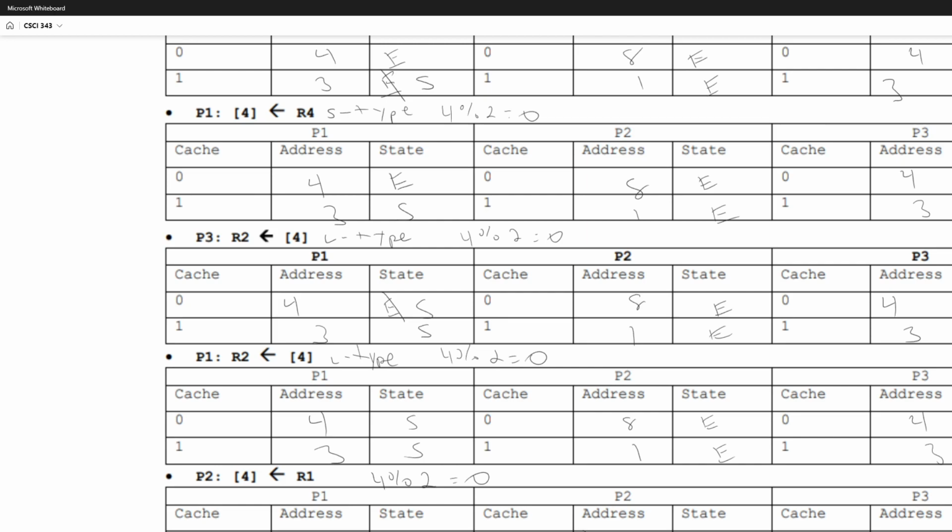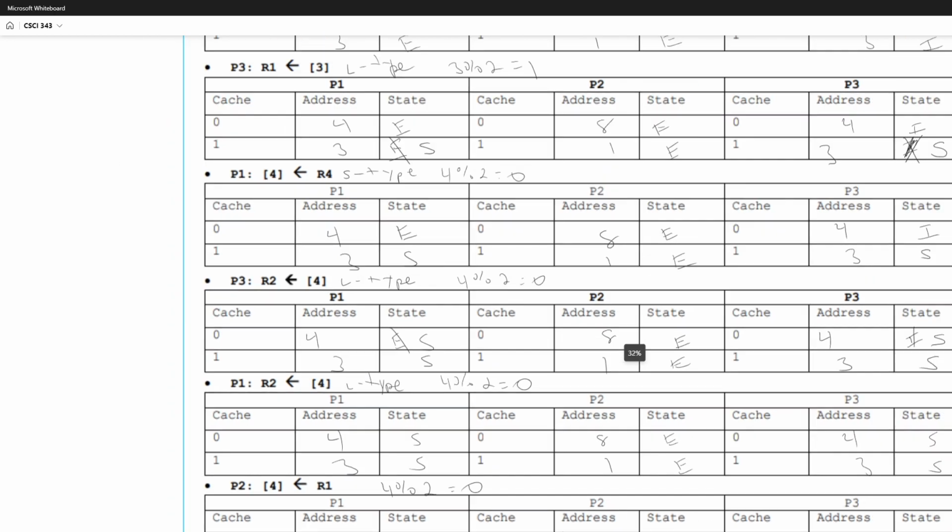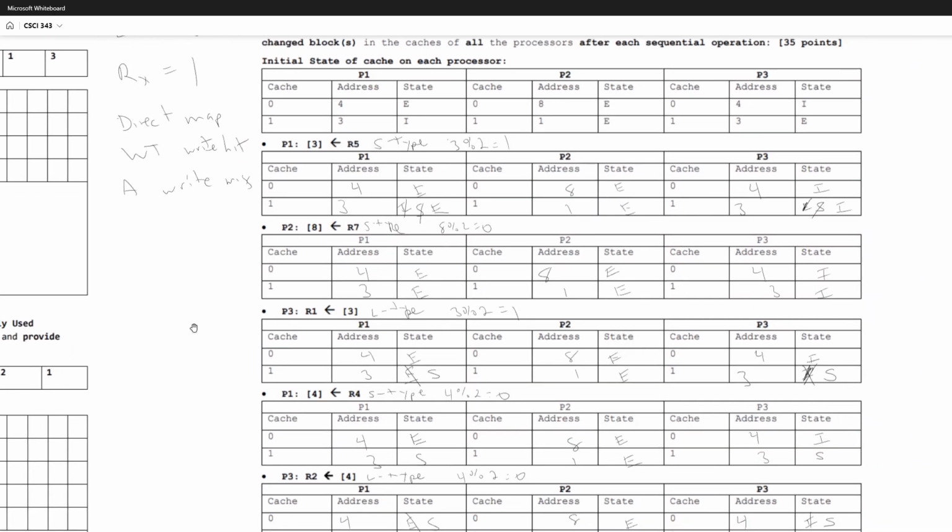Now it's going to write. So this will change to exclusive again, but then these will become invalid because it just overwrote whatever was in their caches. It's not up to date anymore. So I think that should be all of it.